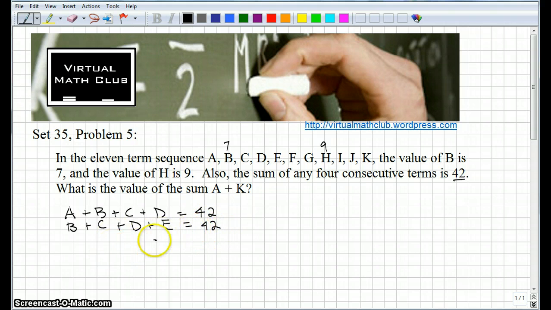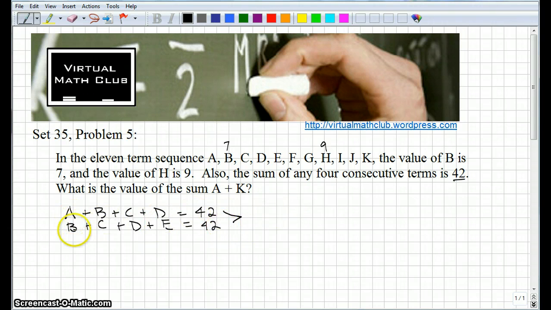Now, we can keep listing those out, but if you look at these two equations, you can see that if we subtract the second one from the first one, a lot of these terms will cancel out. Even though we've got 5 unknowns and 2 equations, we can't find all of the terms, but if we subtract one from the other, we eliminate 3 of the 5 terms.